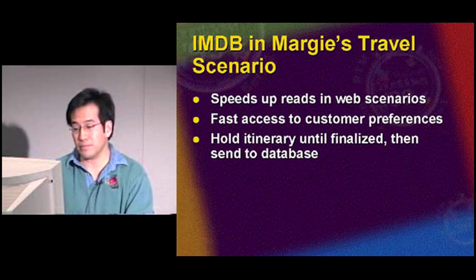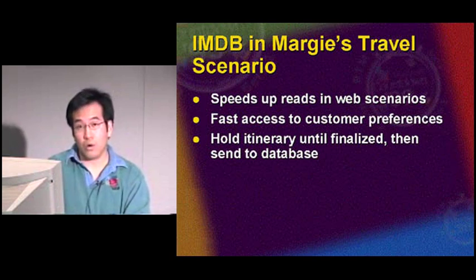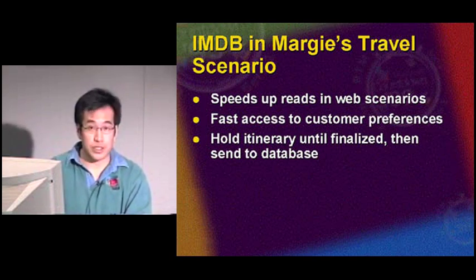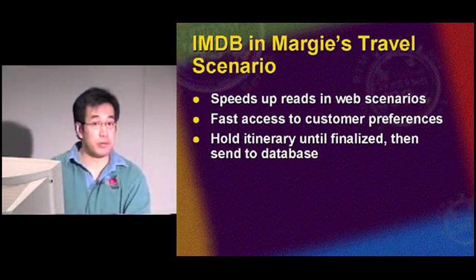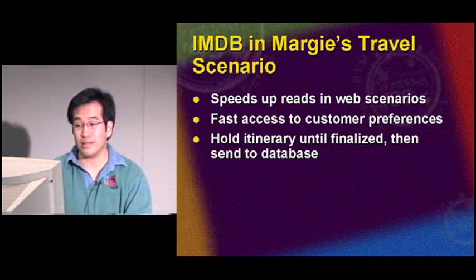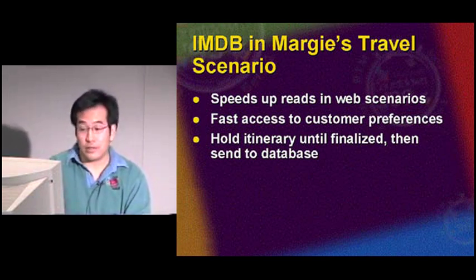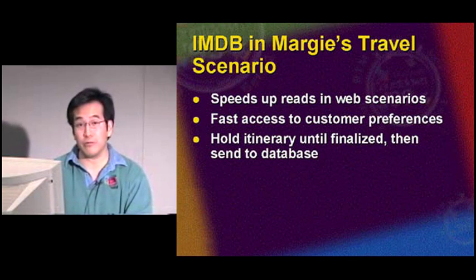For example, in the Margie's travel scenario, items such as customer preferences or broadcast messages that go out to many customers and need to be read fast can be provided through IMDb, so that COM+10 components used on the web servers can quickly access this information. There's no reason why that information cannot be read at the read committed level, thereby allowing reads without locking overhead and in process with COM+10.